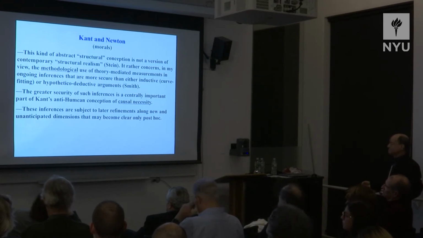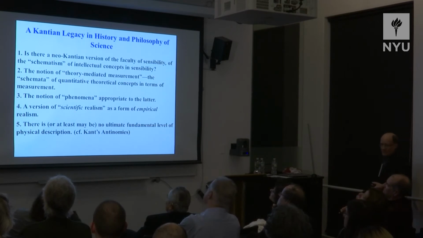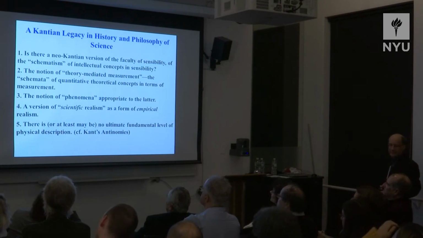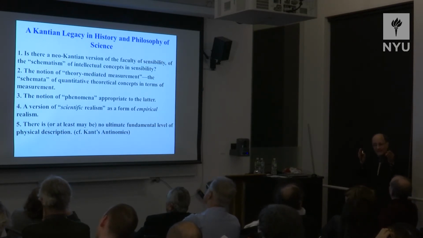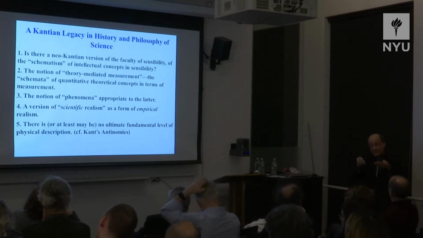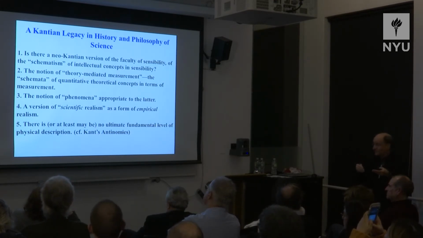Okay? So from that, I want to make a little bit more radical claim that's going to ire many people in this room. There is, and I'm a little gentler here, or at least maybe, no ultimate fundamental level of physical description. Why? Because we're always looking at a certain scale and a certain dimension of things that we can theoretically describe, but more importantly, measure with the equipment and capabilities that we now have.